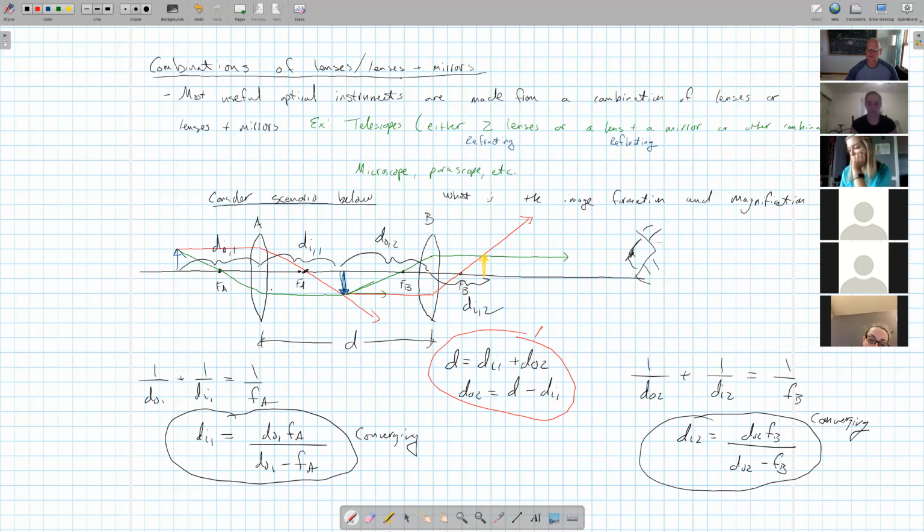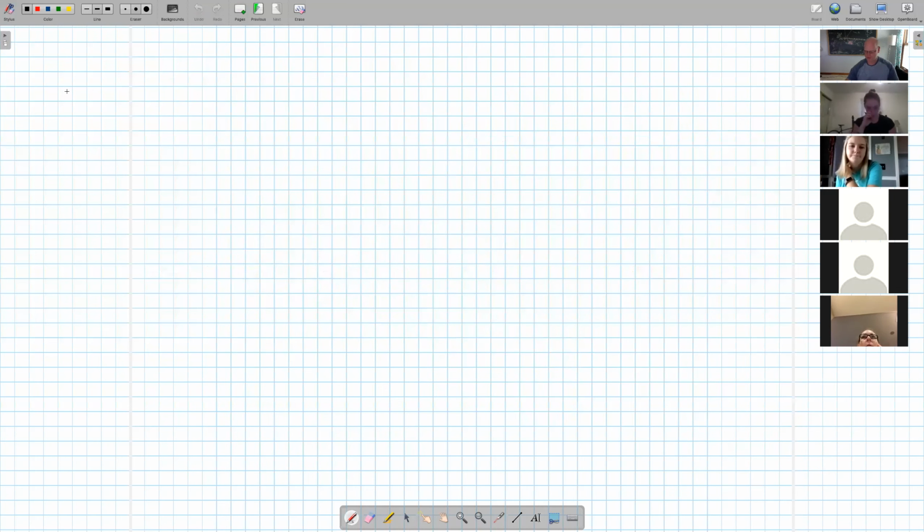So this is how we would determine the final image location. The final image location, DI2, would be solved this way, which would be the distance away from this second lens.